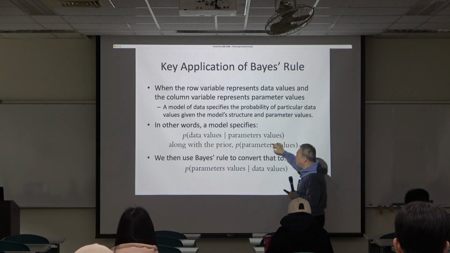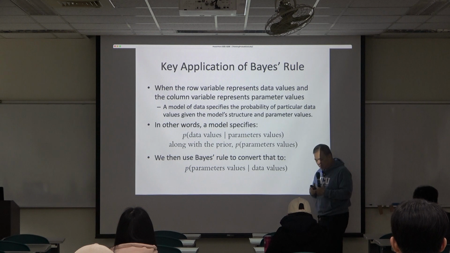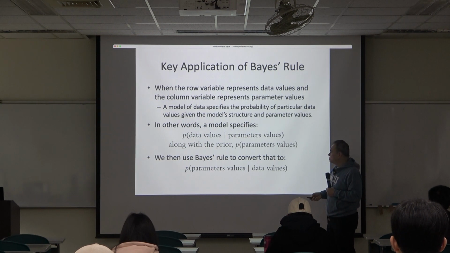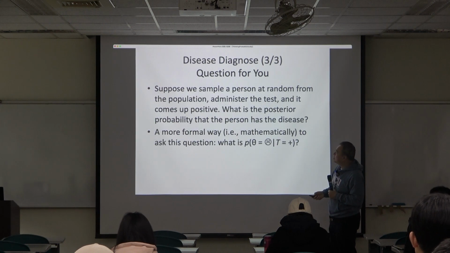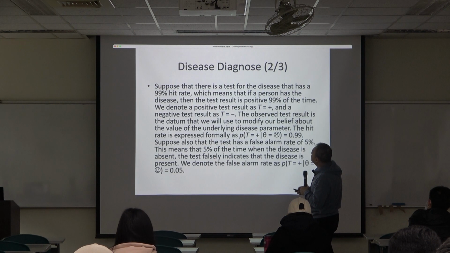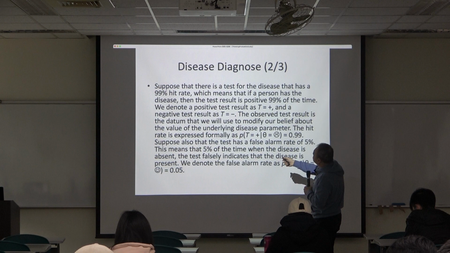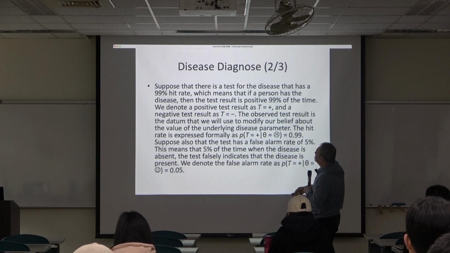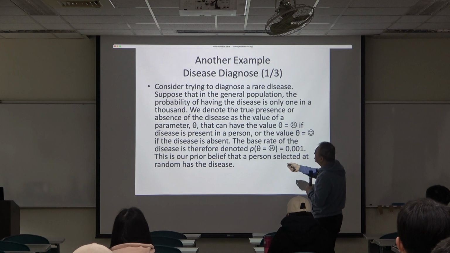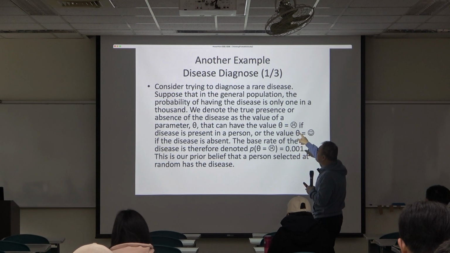We also have this in the rapid test kit example. I just forgot to mention. Okay, there's a test for a disease. This is a rare disease. Remember, we talked about the rare disease.